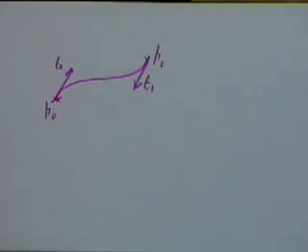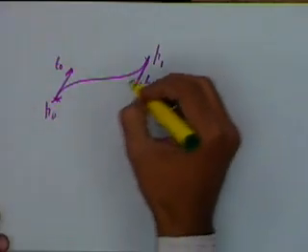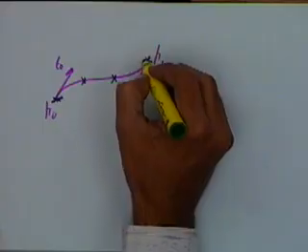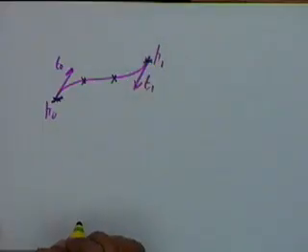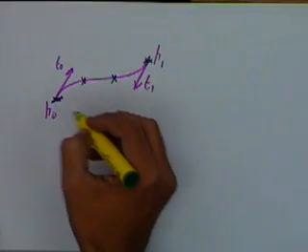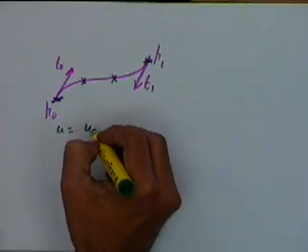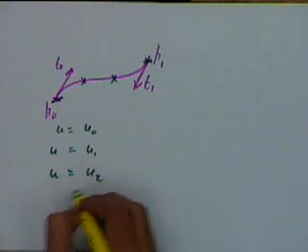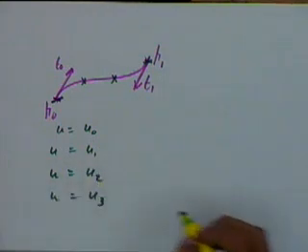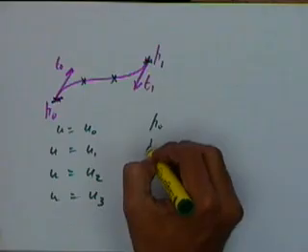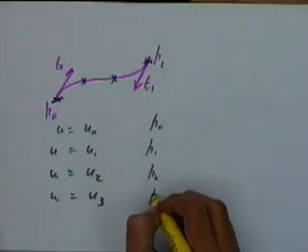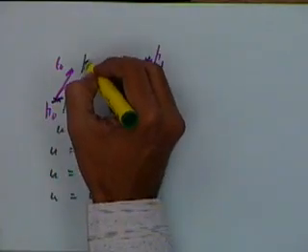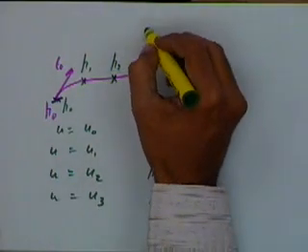Instead of that, if we want the curve to pass through 4 points, say this point, this point, this point and this point, for u equal to u0, u1, u2 and u3, my points are P0, P1, P2 and P3.